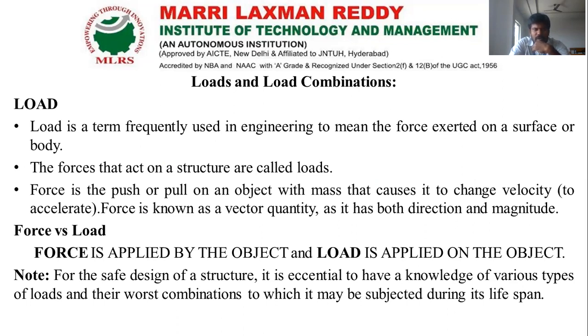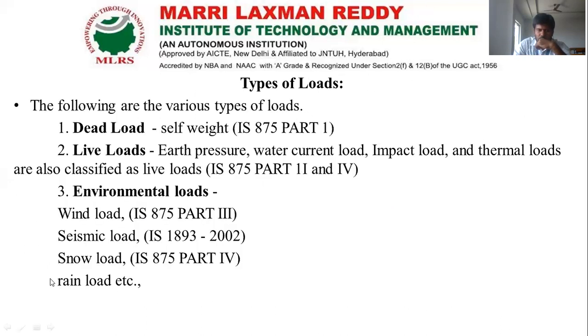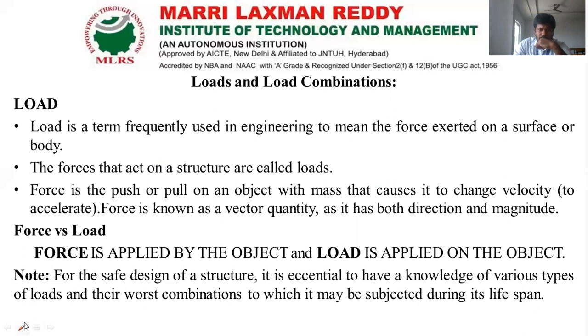The force is a push or pull on an object with mass that causes it to change velocity. The force is also known as a vector quantity as it has both direction as well as magnitude. So based on direction we can say a vertically downward and a horizontal load, with an intensity of 10 kilonewton, 100 kilonewton, or like that.